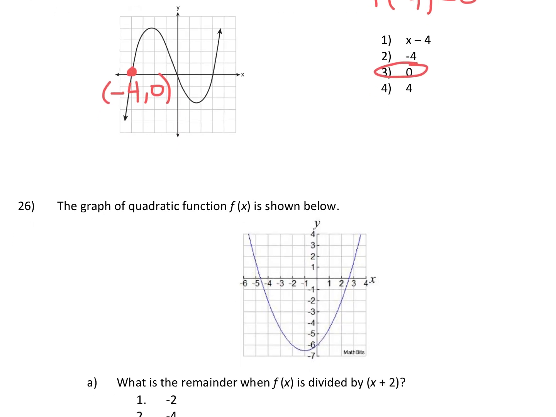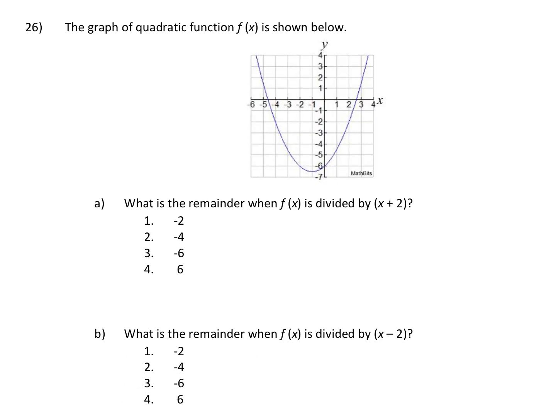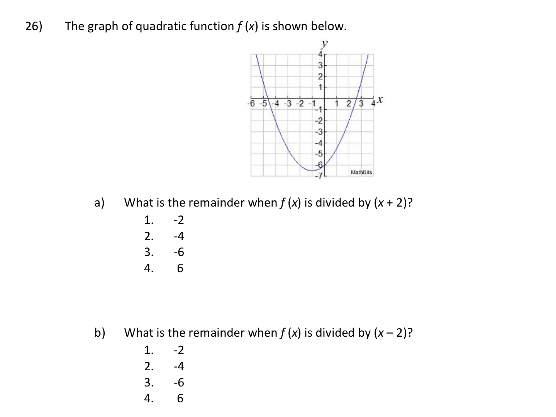All right, let's take a look at the ones below. So here they give us a function, f of x, and in part A they want to know what is the remainder when f of x is divided by x plus 2. So if we're dividing by x plus 2, we want to substitute this x with a negative 2. So we want to determine what is f of negative 2. All right, so let's look on the graph.